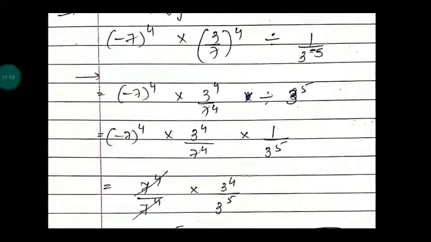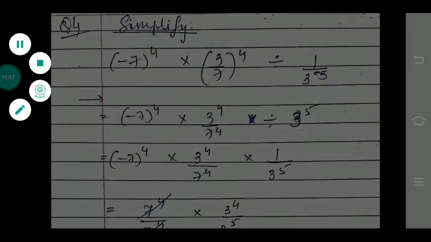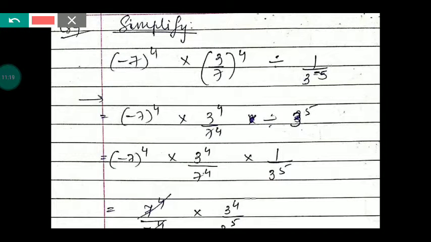Next question again comes simplify, but a harder one. In this question, minus 7 raised to 4, 3 by 7 raised to 4 divided by 1 upon 3 raised to minus 5. So here only one element is to be reciprocaled to turn into positive power.